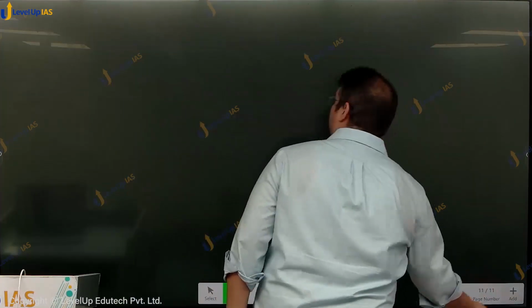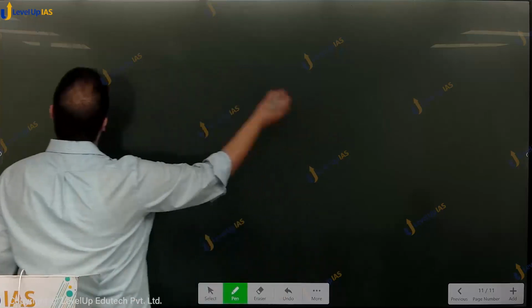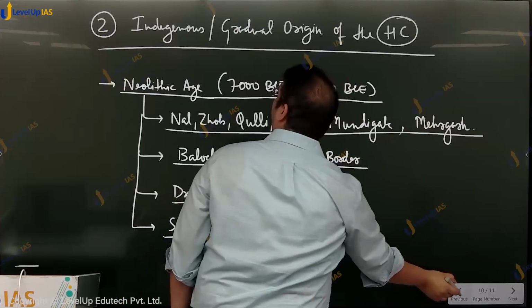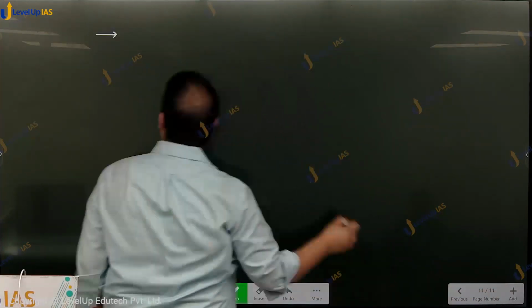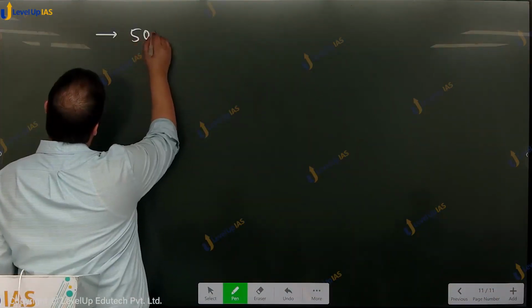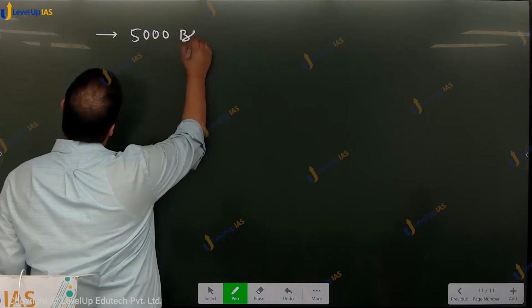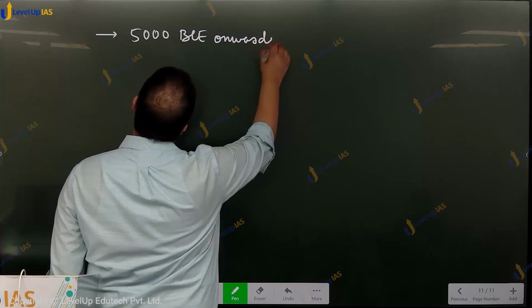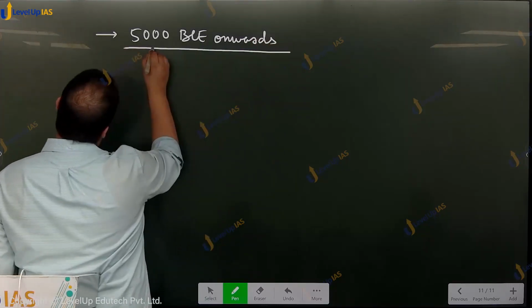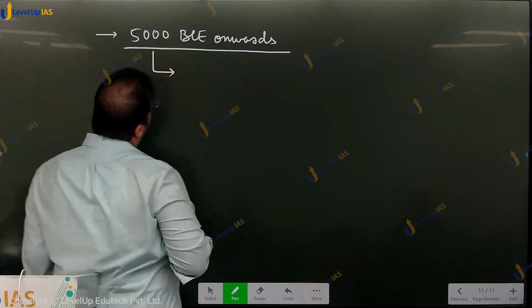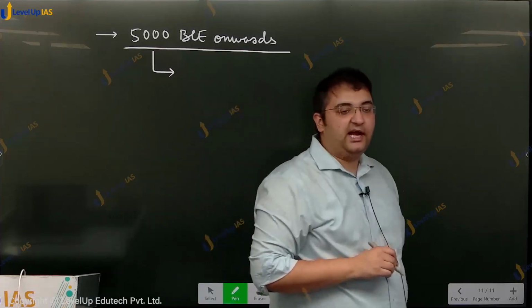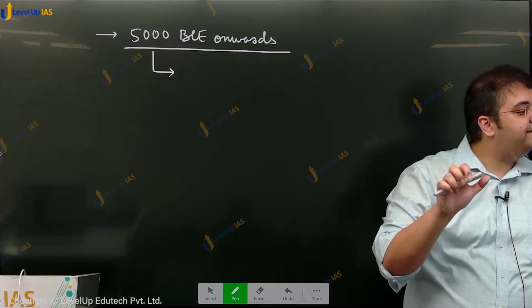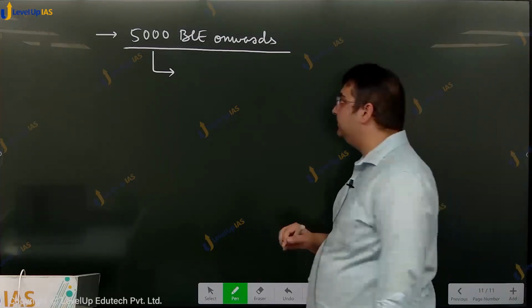And from around 5000 BCE onwards, small groups of these Balochi tribesmen began migrating towards the upper reaches of the Indus River, right?